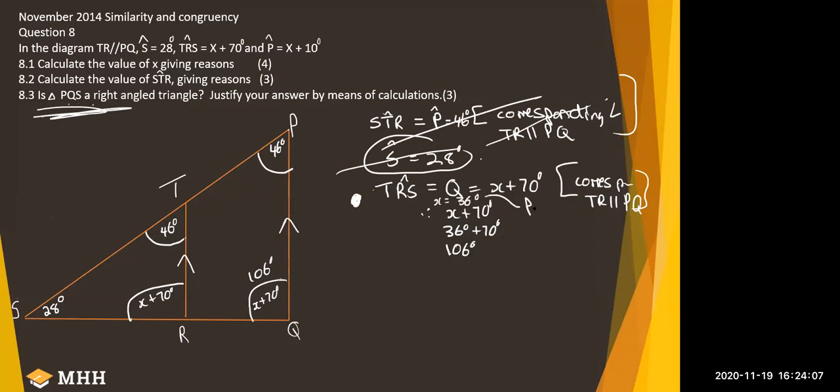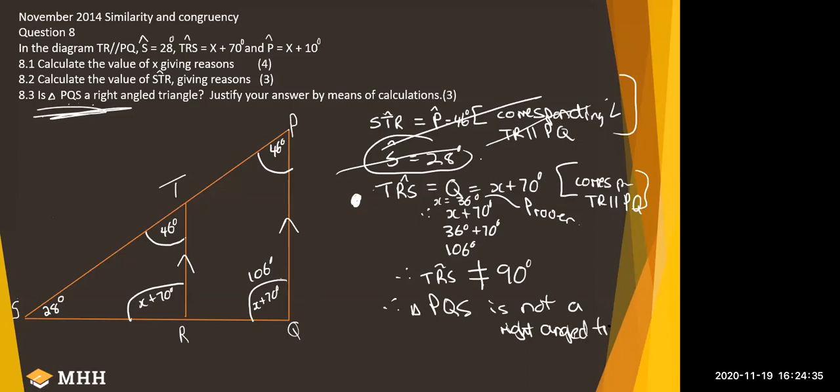Why? Proven, because we proved it. And now I'm going to say, therefore, TRS is not equal to 90 degrees. You see, we just worked out this one is 106 degrees. So therefore, triangle PQS is not a right angle triangle.